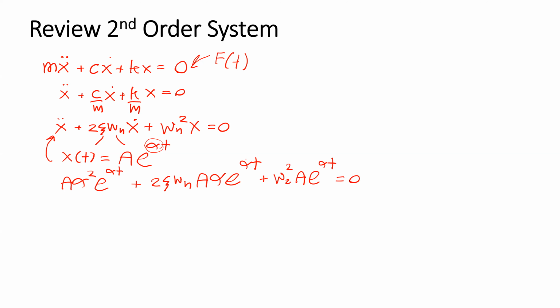So by combining the common terms, what we have is alpha square plus 2 zeta omega n alpha plus omega n square, times e power alpha t, equal to 0.